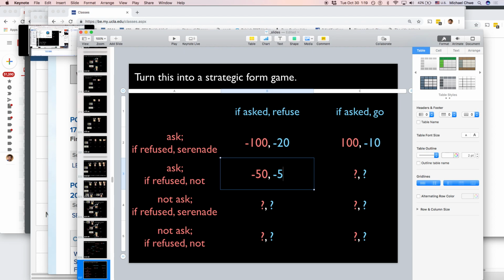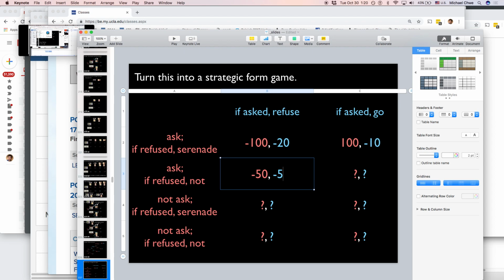Okay, the way to think about it is the following. There's basically two ways. One is that a strategy always has to specify what happens at all nodes, even those nodes which do not occur. That's just the definition. Remember, the strategy has to be a complete contingent plan. You have to specify what happens here and here. The other way to think about it is this. 1's decision whether to ask or not depends on what 2 does here, obviously, right? Whether 2 refuses or goes will affect 1's choice.